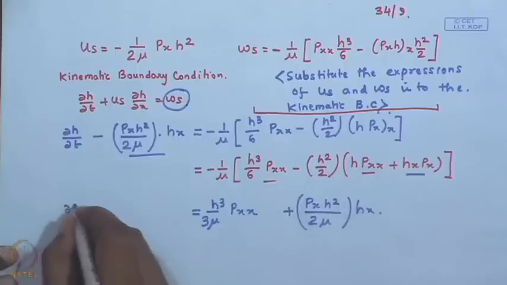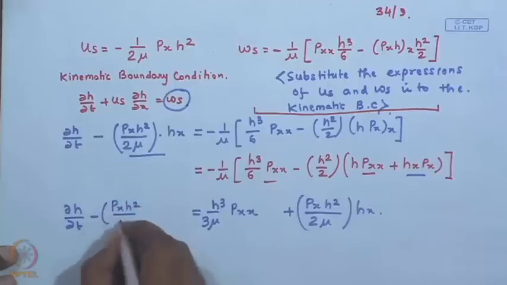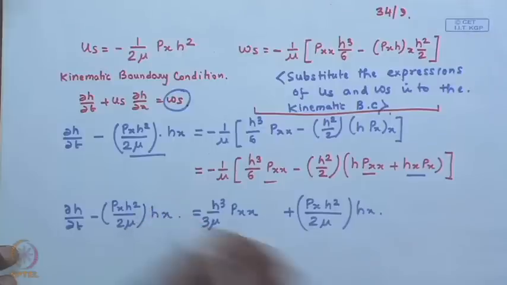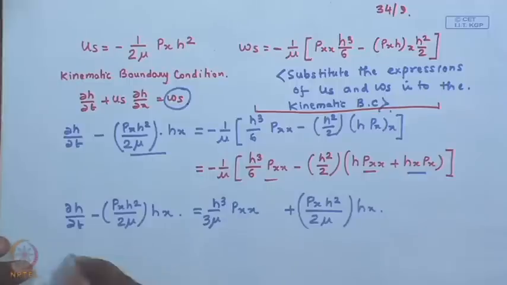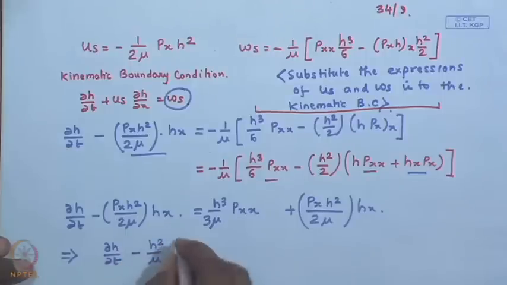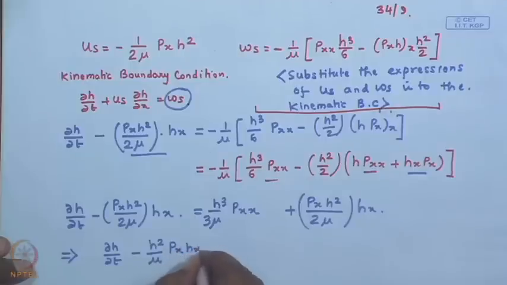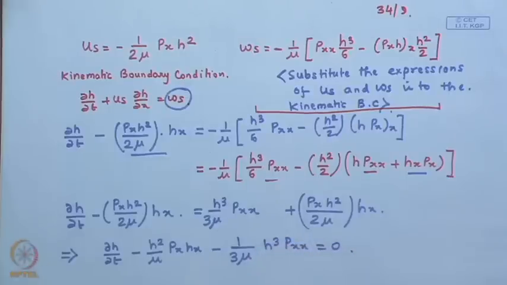So, this is what you get: ∂H/∂t minus Px H²/2μ into Hx is this. You do a transposition and you get ∂H/∂t minus H²/μ Px Hx minus 1/3μ H³ Pxx is equal to 0.